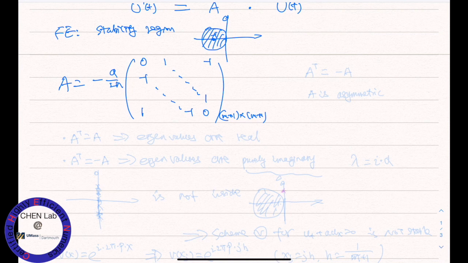It's pretty easy to see that if you transpose it, you get -A, okay? If you remember a little bit of linear algebra, this is the definition of it being anti-symmetric. When A transpose is equal to A, that's called symmetric. Now it's anti-symmetric. It's not symmetric.